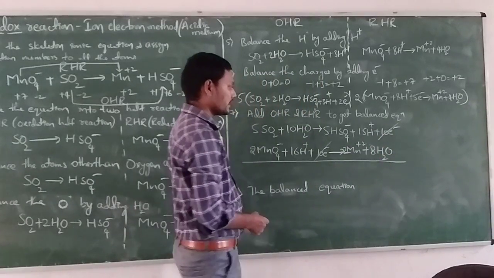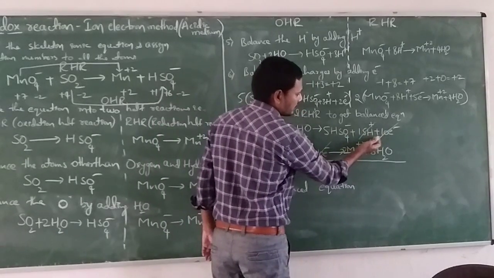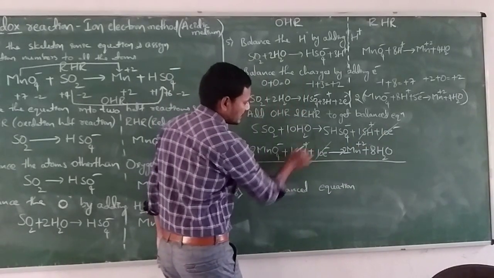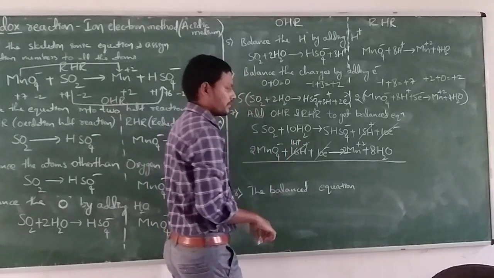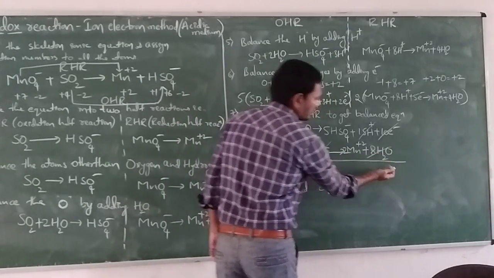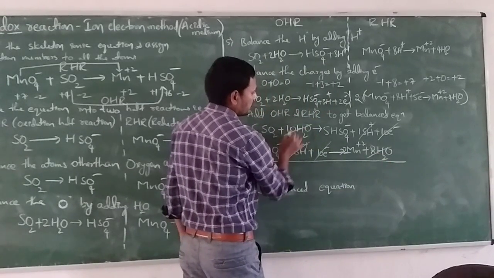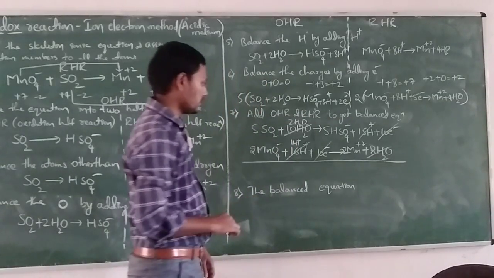Is there any cancelling term? Yes. 15 H plus on the right side, 16 H plus on the left, which means 1 H plus is extra. Then 8 water on the right side, 10 water on the left, so 2 water remain on the left. Is there any cancelling term?